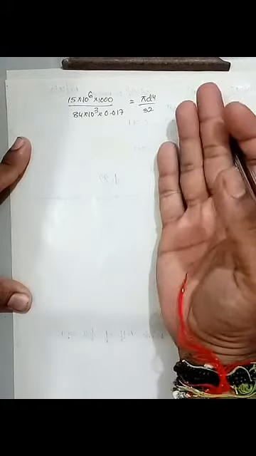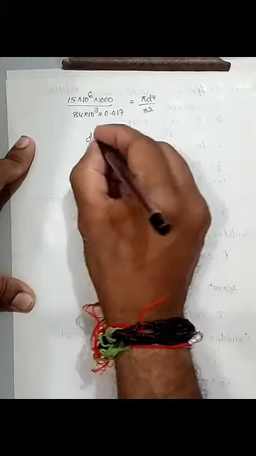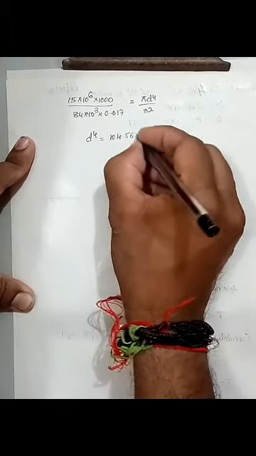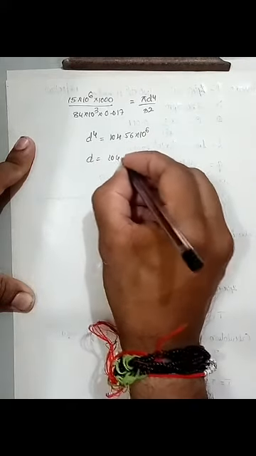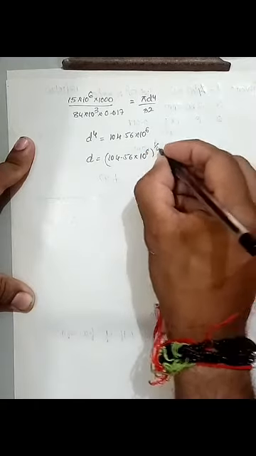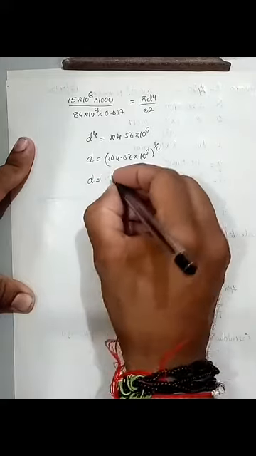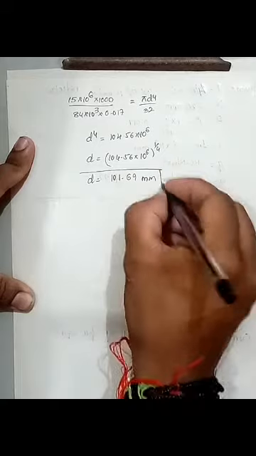I took one term on this side and other terms on this side. So therefore I get d raised to 4 equals 104.56 into 10 to the power of 6. So d is equal to 104.56 into 10 to the power of 6 raised to 1 by 4, because this 4 is shifted on this side. So finally I get d from this equation as 101.69 mm.